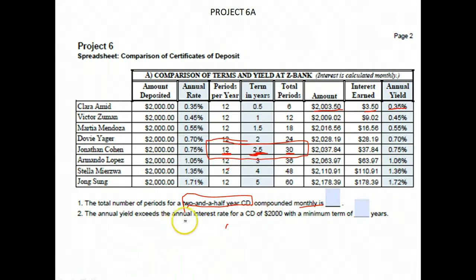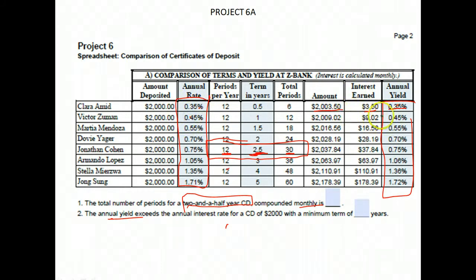Next one says annual yield exceeds annual interest rate for CDs of $2,000. These are all $2,000 with a minimum term of how many years? So we want to compare the annual rate and the annual yield. When does the annual yield, the number in this column, get higher than the annual rate? See, these 2 are exactly the same.